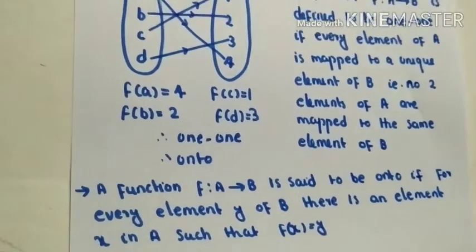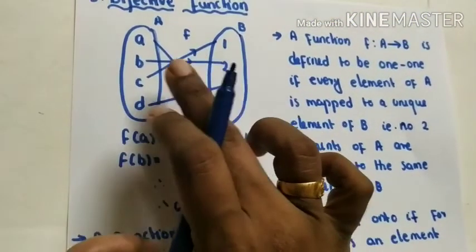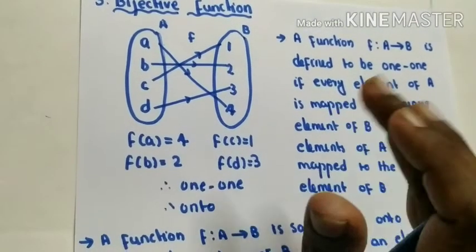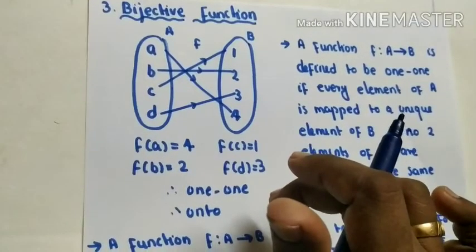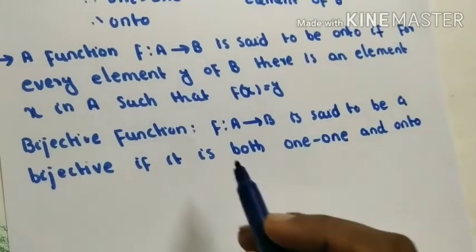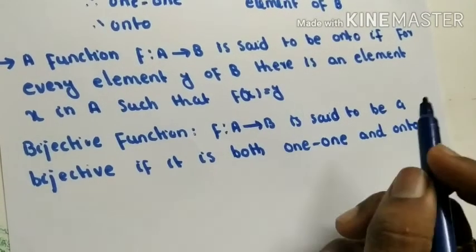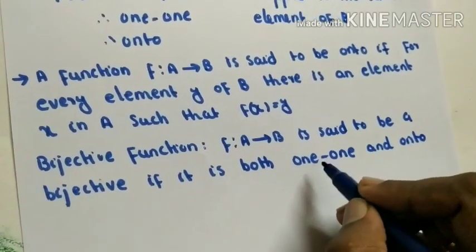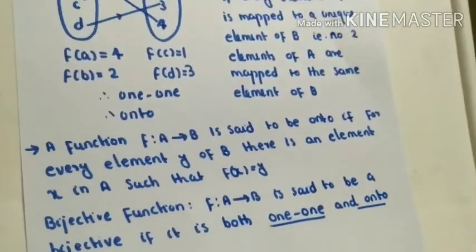Thus, the function f from A to B is both 1-1 and onto. Such a function is known as a bijective function. Mathematically, a function f from A to B is said to be bijective if it is both 1-1 and onto. I hope you understood.